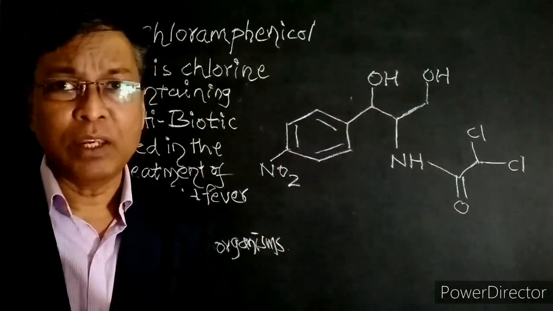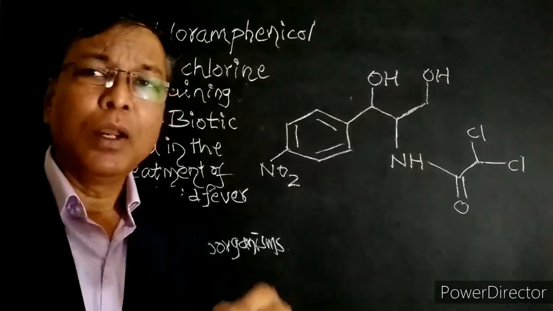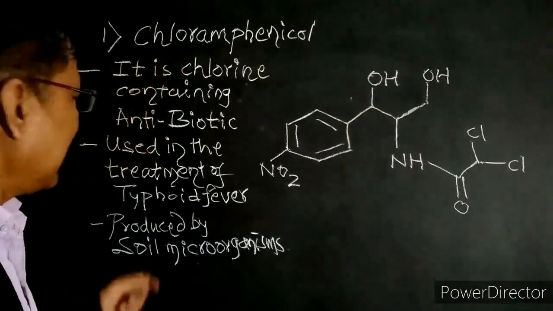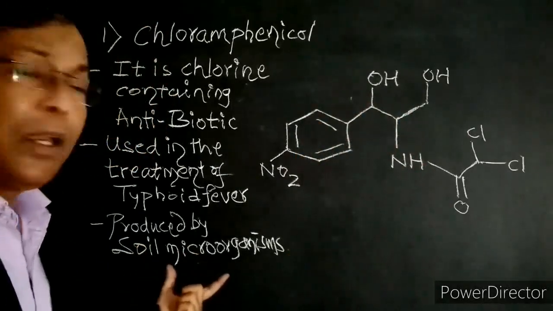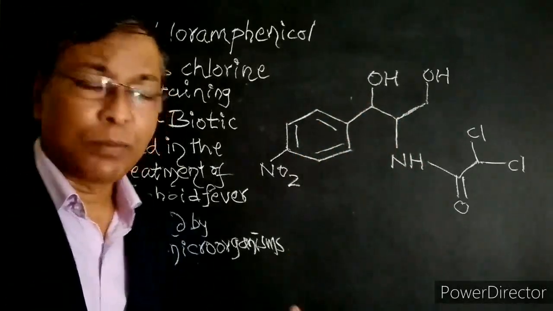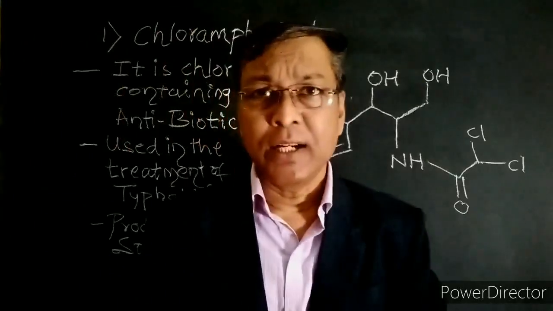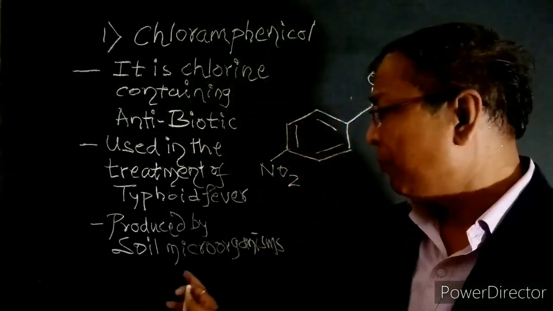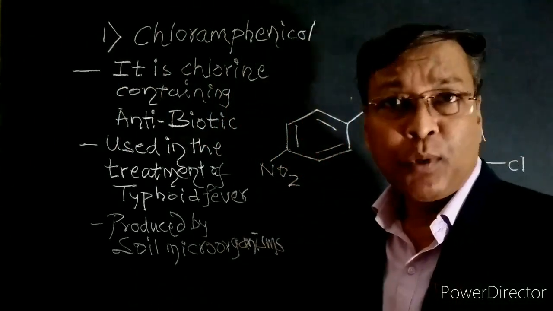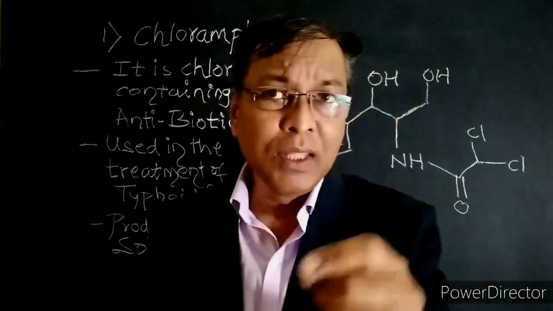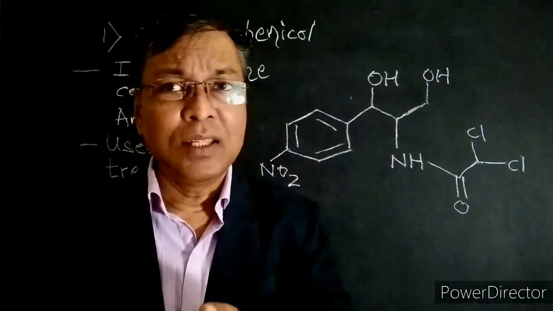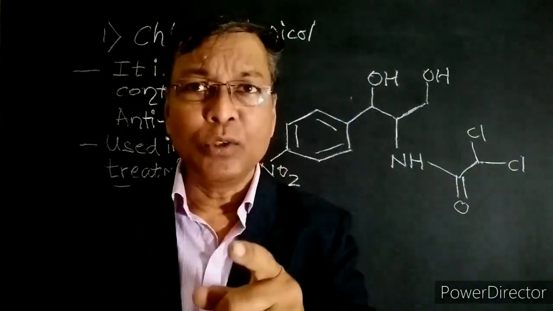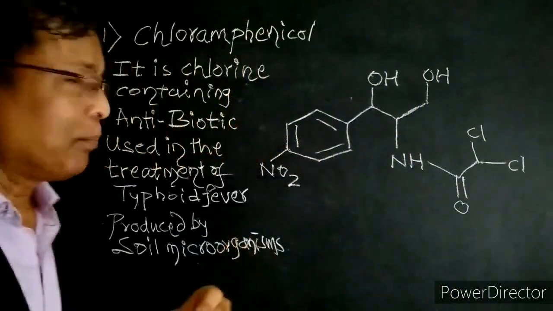This is very effective in the treatment of typhoid fever, and chloramphenicol is produced by soil microorganisms. This tells us indirectly that it is a natural halogen containing organic compound.